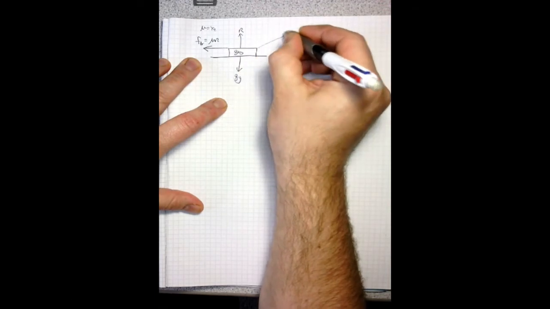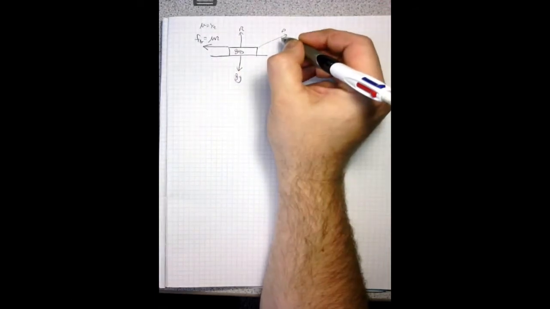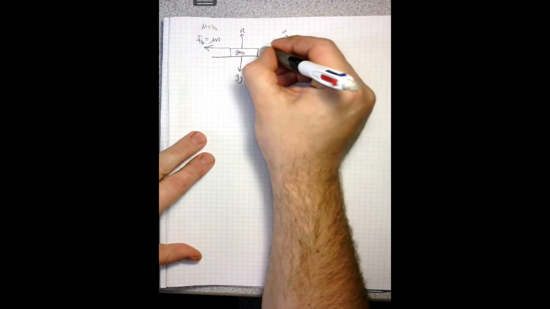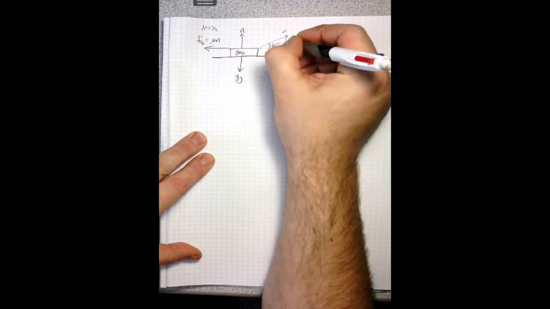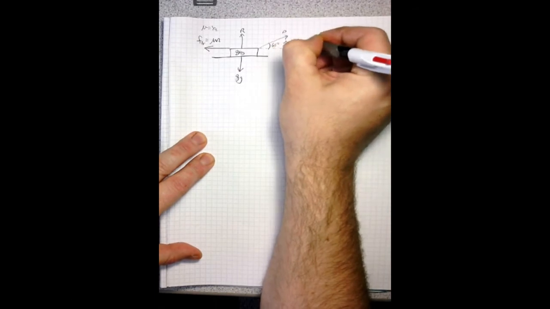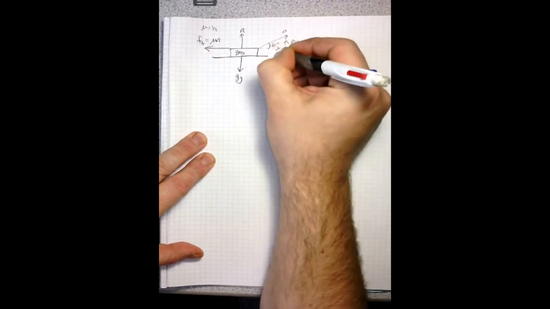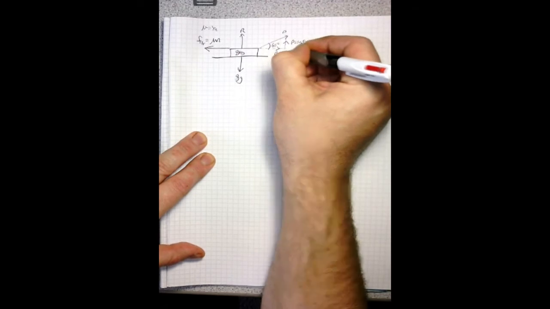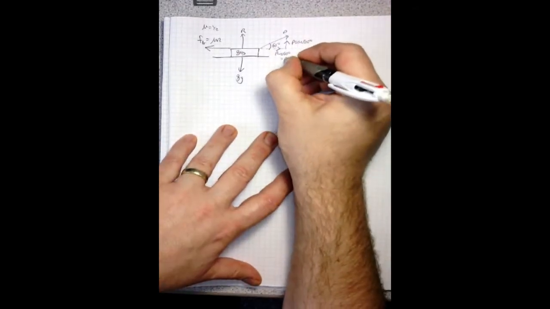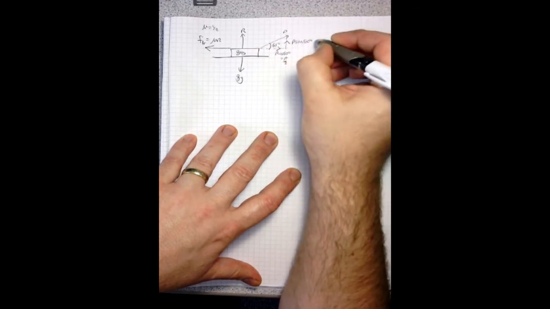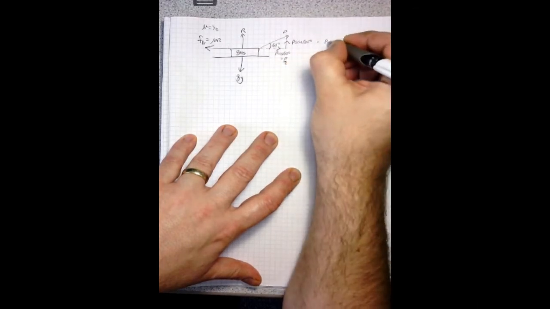P is now at an angle of 60 degrees to the horizontal. So if I decompose P sine 60, P cos 60. Cos 60 is a half, isn't it? So I can write that as P over 2, and sine 60 is root 3 over 2.